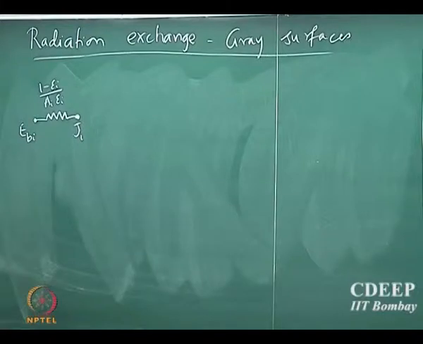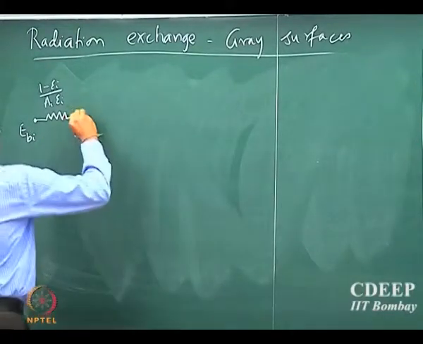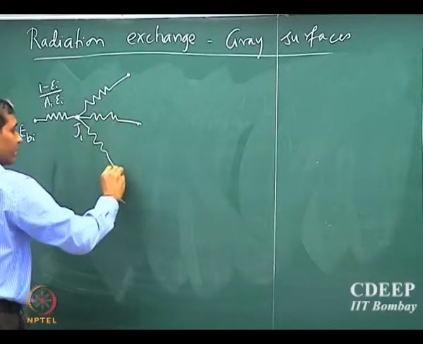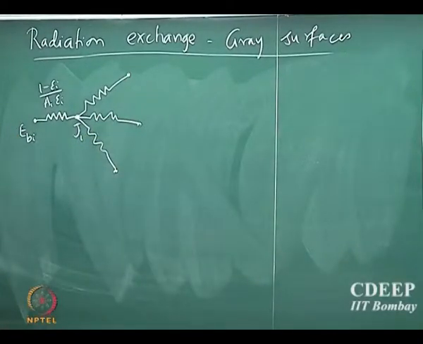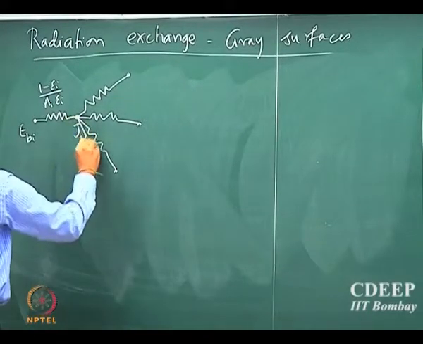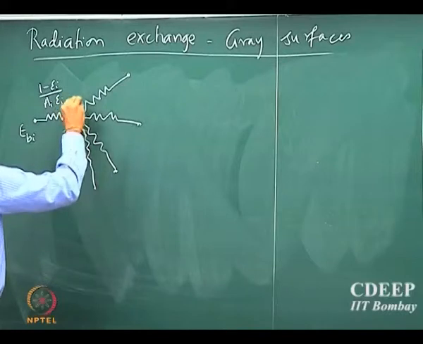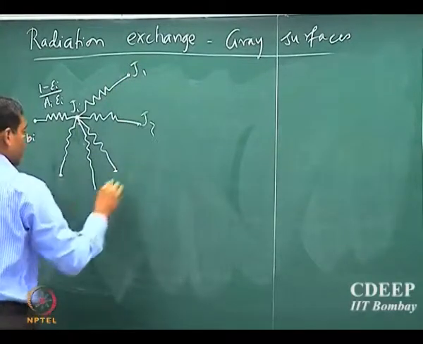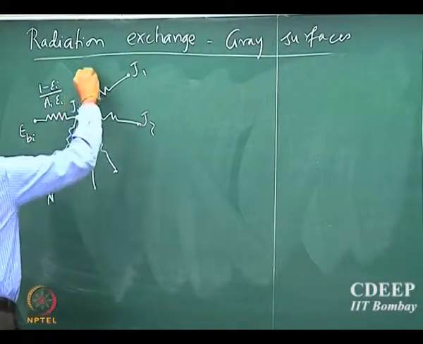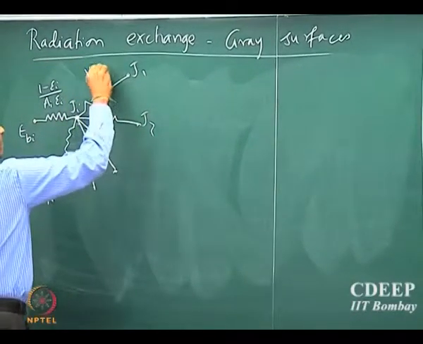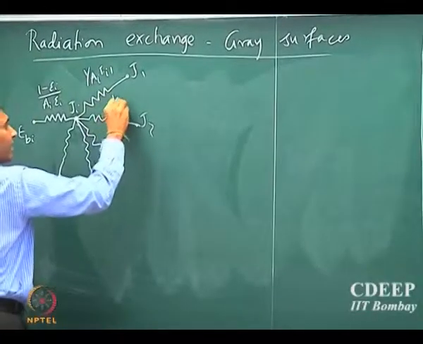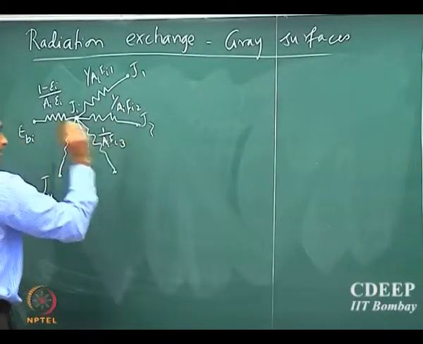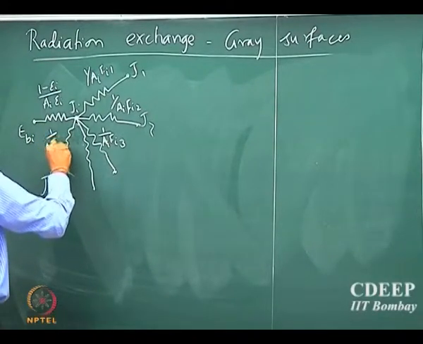Now, this surface is exchanging radiation simultaneously with all other surfaces, therefore you have resistances appearing in parallel going to J1, J2, etc. up to Jn, and these resistances are 1 by Ai Fi1, 1 by Ai Fi2, 1 by Ai Fi3, and 1 by Ai Fin.